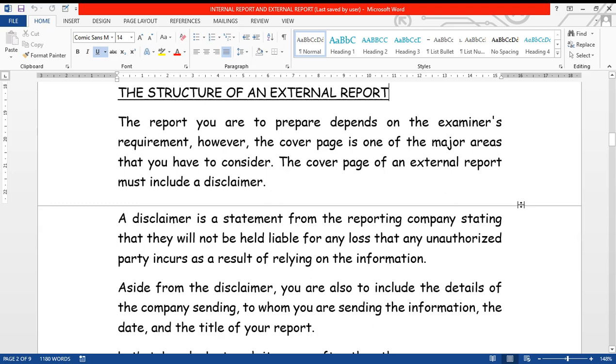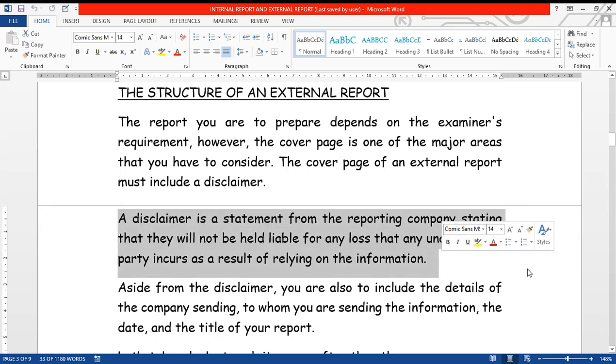A disclaimer is a statement from the reporting company stating that they will not be held liable for any loss that any other unauthorized party incurs as a result of relying on the information. So the reporting company is protecting themselves against any liability, against any loss.